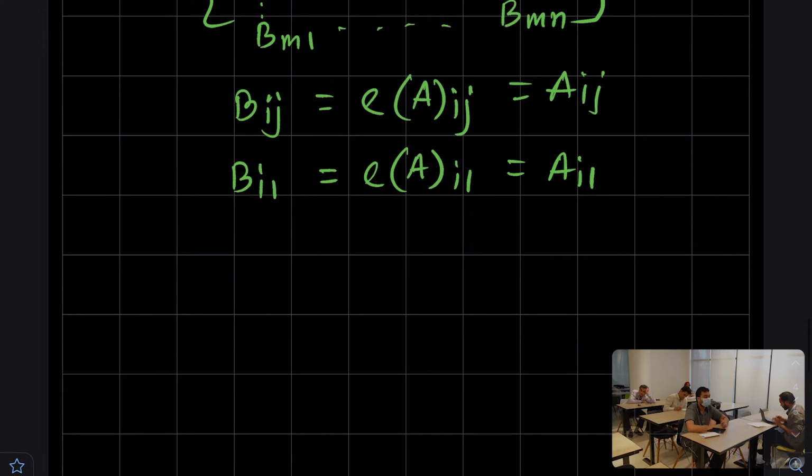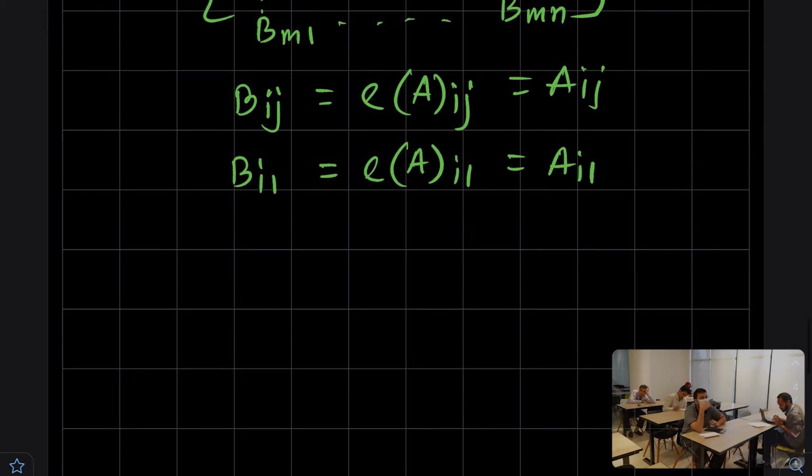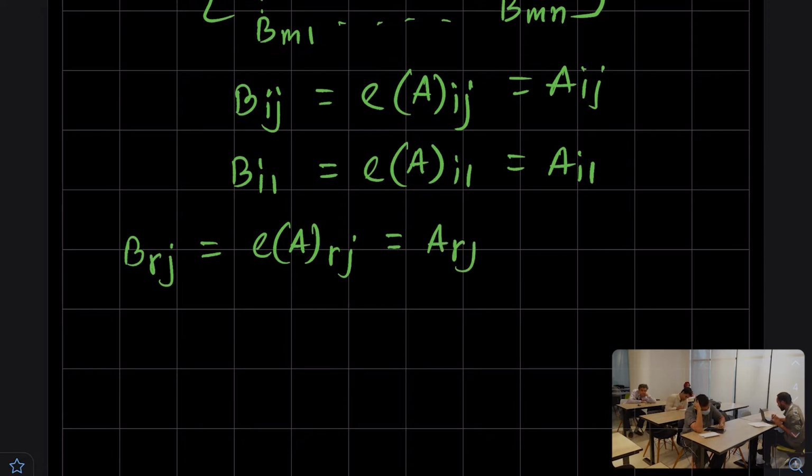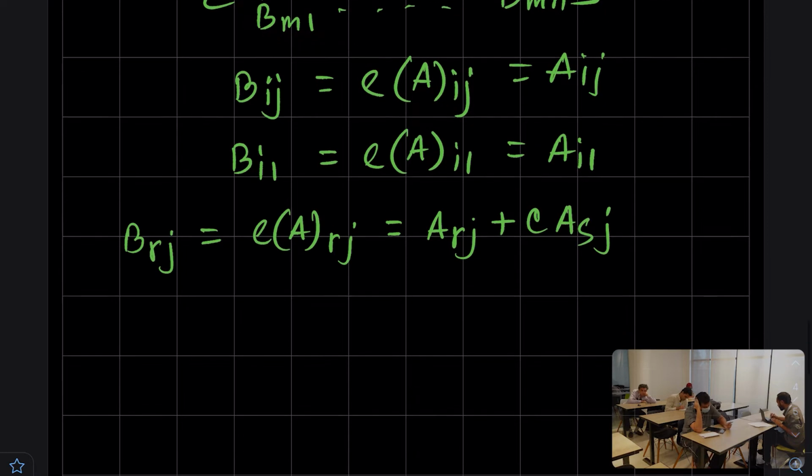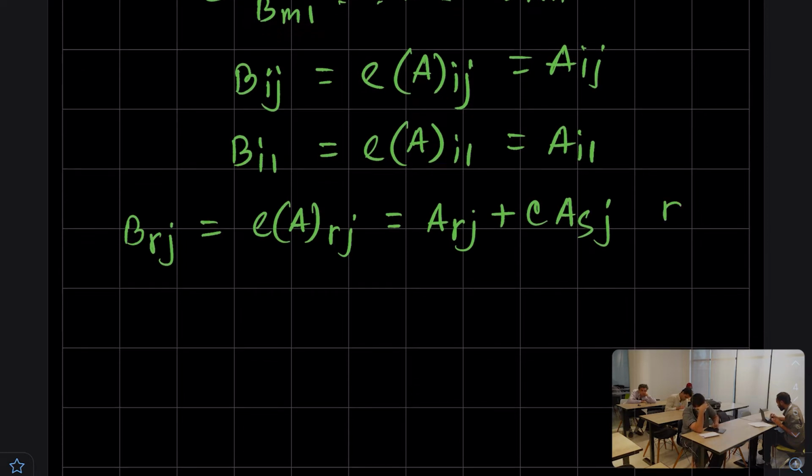So then for B_rj, this will be equal to E of A_rj, and this is equal to A_rj plus c times A_sj, where r is not equal to s.